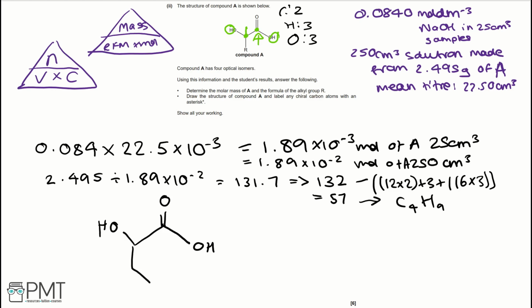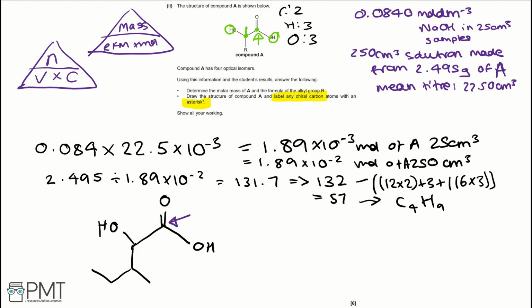So if we redraw compound A to answer the next bit of the question, which is talking about chiral carbons. Here I've drawn our R group of C4H9, and we need to label any chiral carbon atoms with an asterisk. A chiral carbon is a carbon with 4 different groups attached. If we start on the right and look at this carbon, we've got a double bond attached to the oxygen.